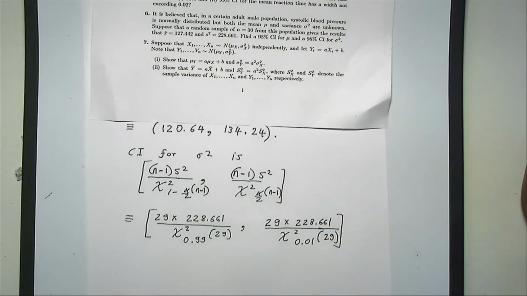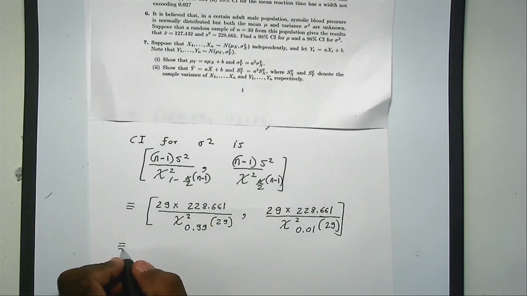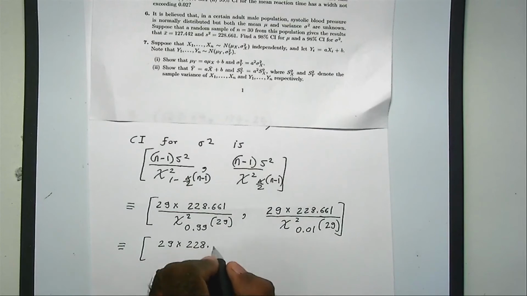Okay, now you should simplify this, you should do the math. Before you do that, let me read the values for this and this from the chi squared table, which I showed you how to do.